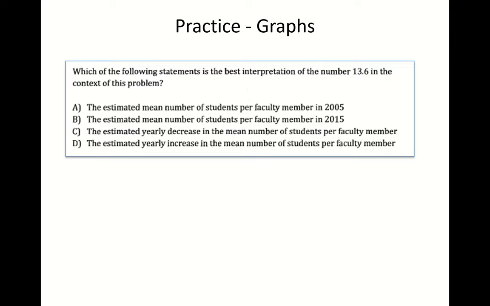Which of the following statements is the best interpretation of the number 13.6? Now, if you think back again to the form of the function, it's y equals mx plus b. What is that b talking about? The y-intercept.